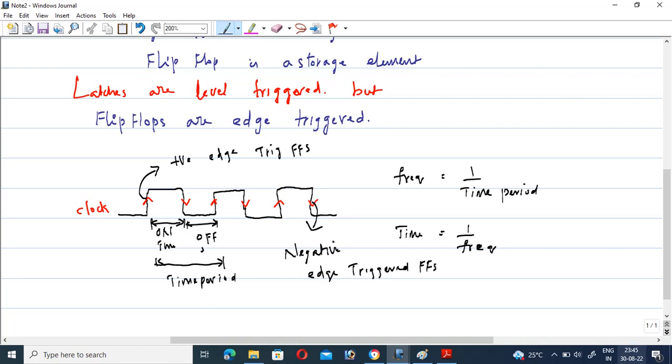Moreover, a clock can be represented as a small triangle symbol.